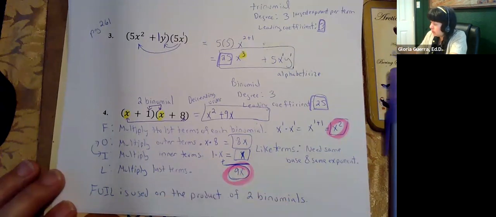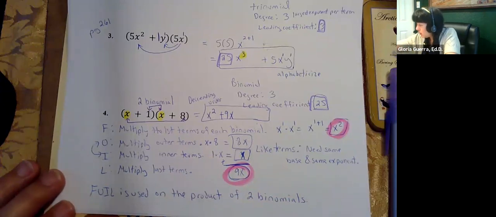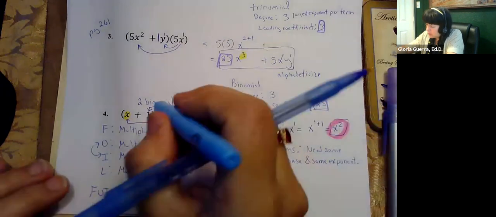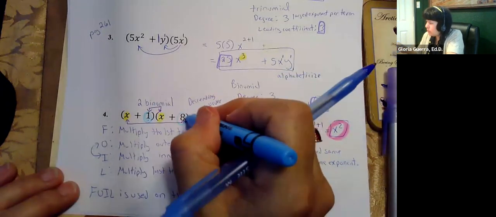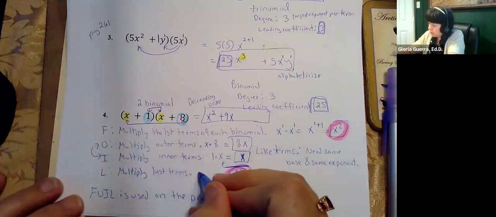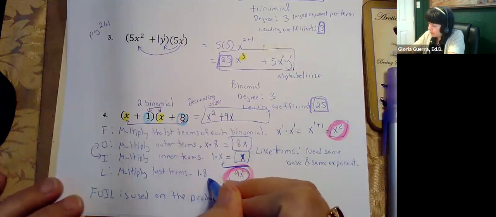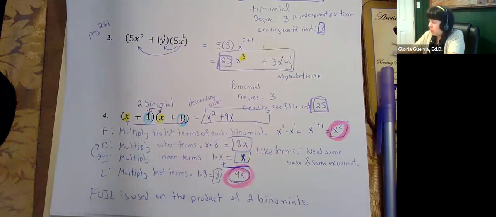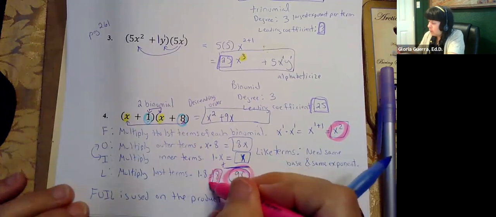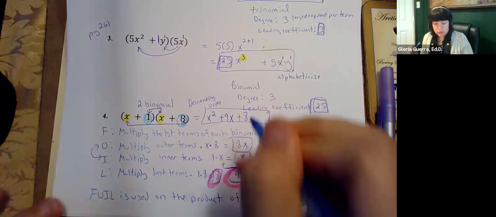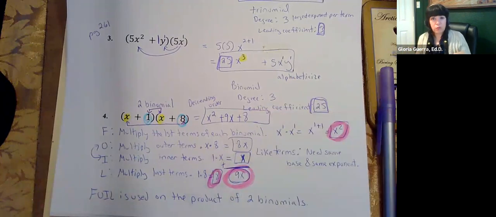So we're talking about multiplying that 1 times that 8. And those are positives. So 1 times 8 is 8, and that's part of your answer here, plus 8. So that's called FOIL, first, outer, inner, last.